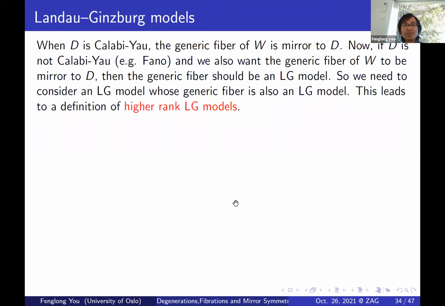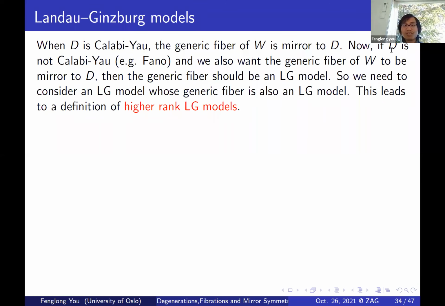So in principle, we cannot talk about the mirrors of this. But if we actually want to think about the mirror of this pair when D is not Calabi-Yau, then we also want this generic fiber of the superpotential to be mirror to D. And since D is not Calabi-Yau, the mirror of D is also a Landau-Ginzburg model.